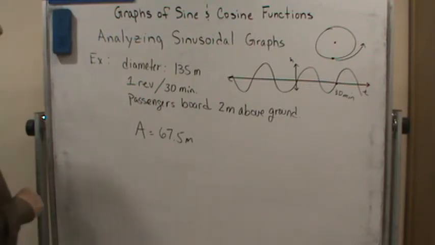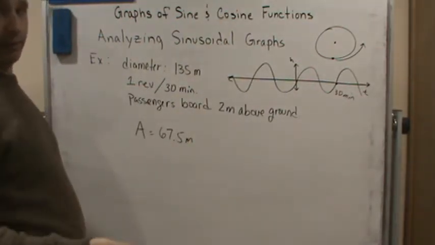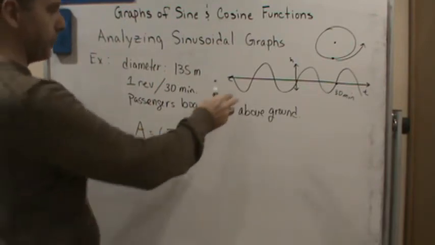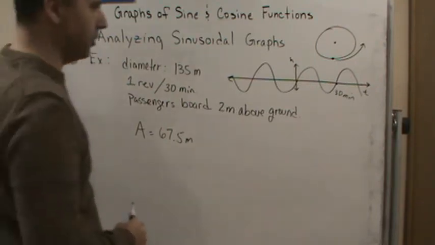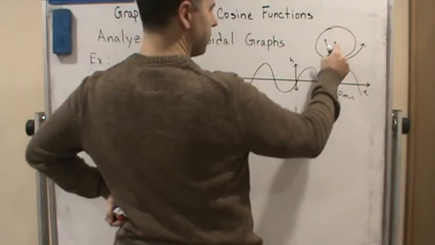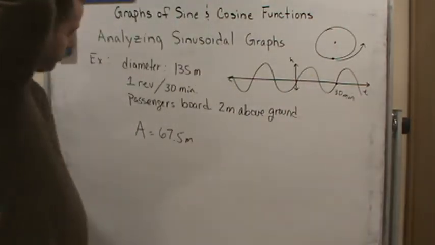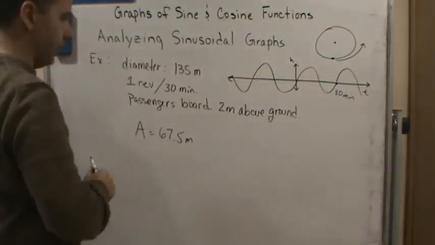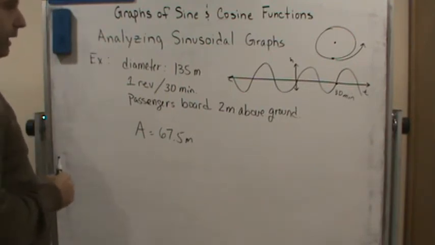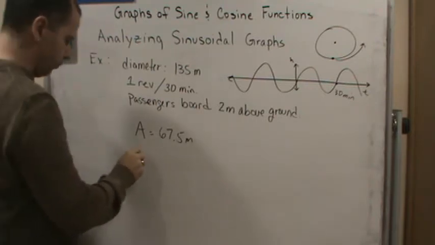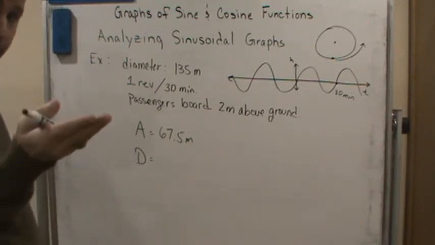Now, since this Ferris wheel is above the ground, we need to find what the vertical shift is going to be if we're going to represent this on a graph. The vertical shift is going to be how high the center is above the ground. We need to know where the center is located. That's the midline of our sinusoidal curve, and it's going to tell us the shift, D. By the way, it starts 2 meters above the ground.